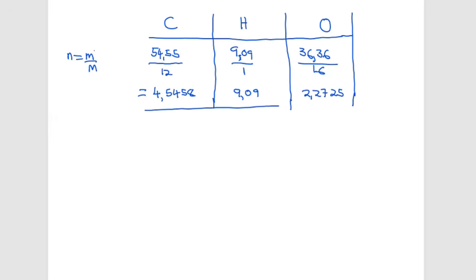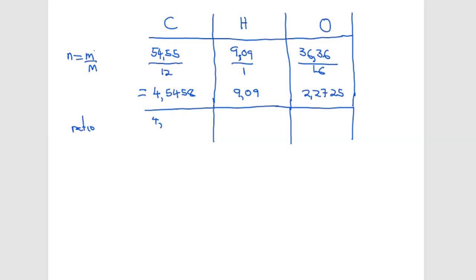Then after that, I'm supposed to check the ratio, right? So the mole ratio. The simplest ratio that I'm going to get is to divide by the least number of moles. The least number of moles you can see is 2.2725.